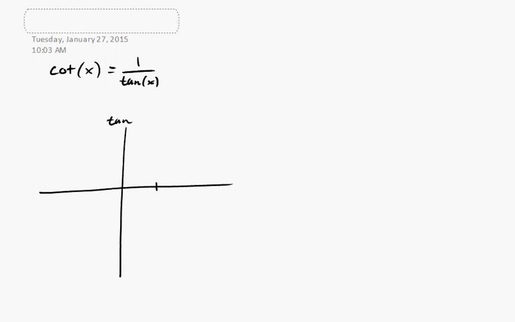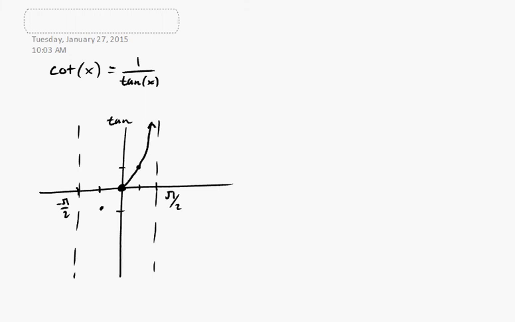We said yesterday that it has a period of pi. So we have these asymptotes, and we have the center point at 0, and then at pi over 4 and negative pi over 4 we were up 1 and down 1, so we have those 3 key points.